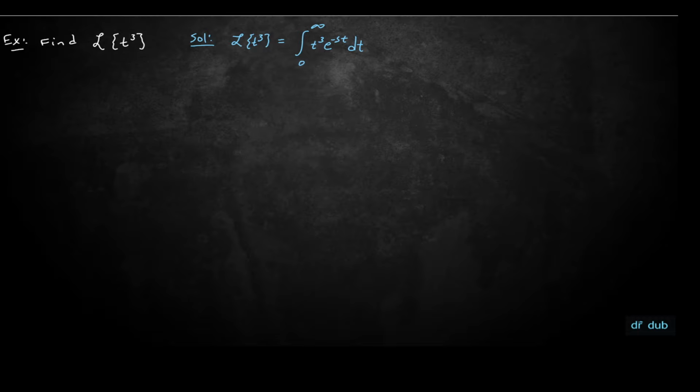The definition of the Laplace transform says take the integral from 0 to infinity of the function times e to the negative st dt. And now we've got to do integration by parts 3 times, and you're definitely going to want to use the tabular method. So make a u column and a dv column.